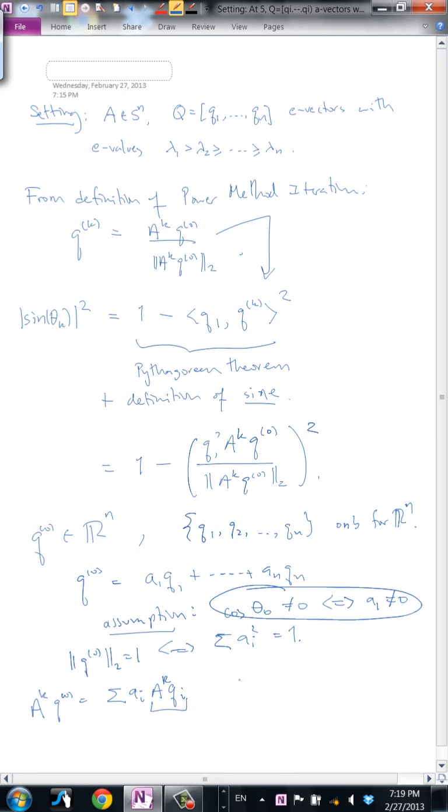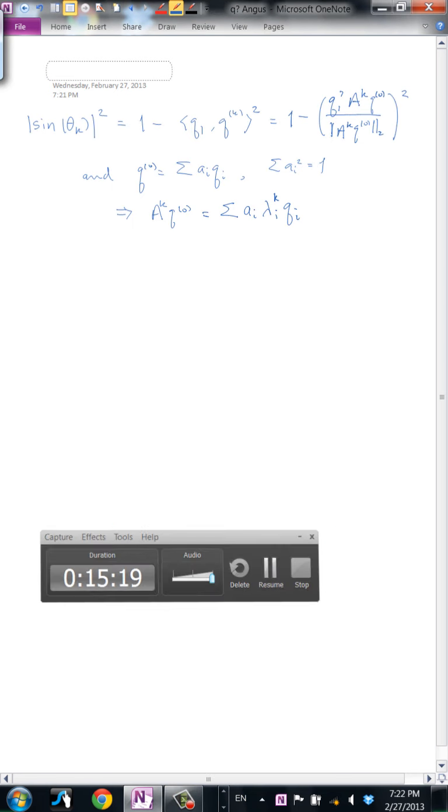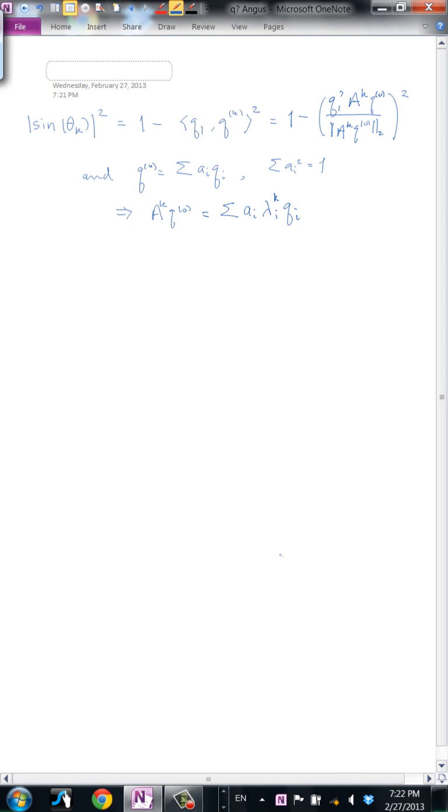Recall that by definition, qi is an eigenvector for A. In other words, A times qi is equal to lambda i qi. And therefore, this is equal to the sum of ai times lambda i to the k times qi. So again, this is a summary of what we have.